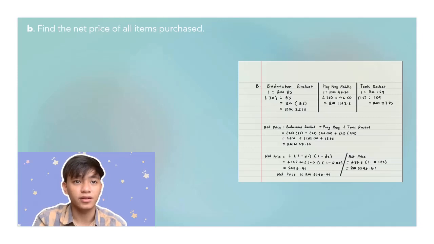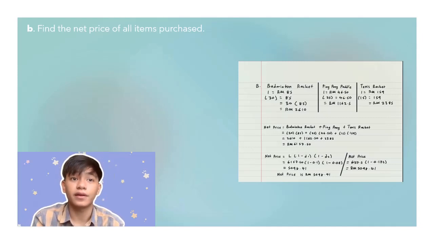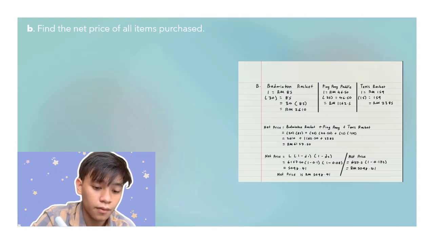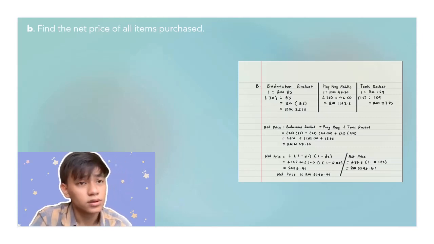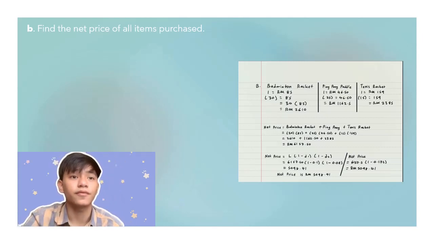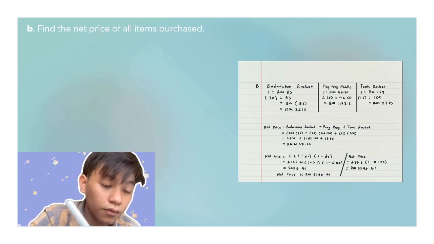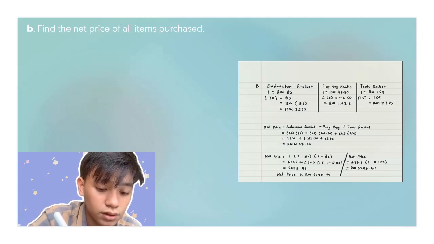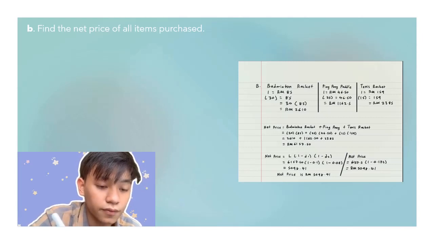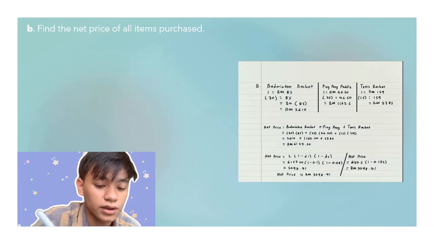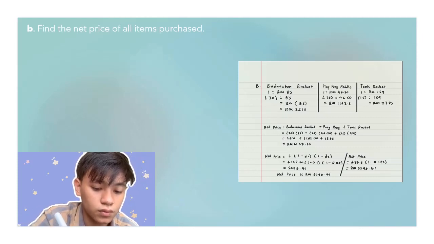One unit of tennis racket is 159 ringgit. We times it by 15 units. 159 times 15 units equals RM2385.